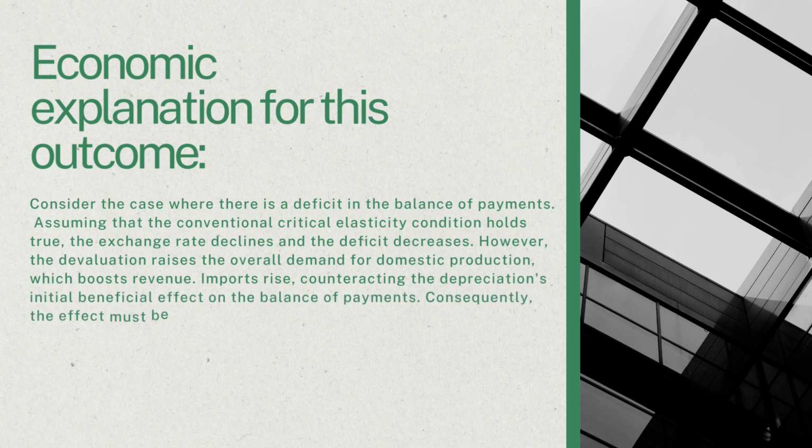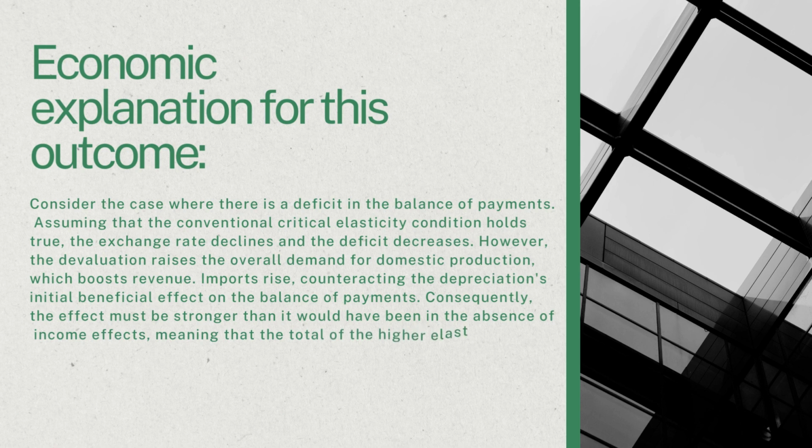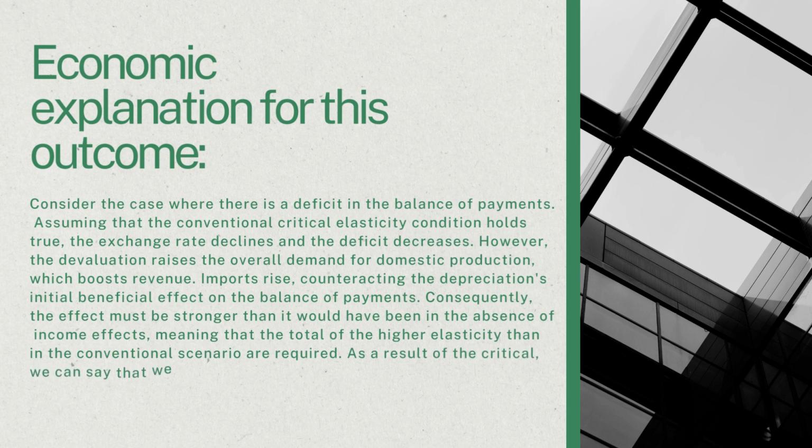Imports rise, counteracting the depreciation's initial beneficial effect on the balance of payments. Consequently, the effect must be stronger than it would have been in the absence of income effects, meaning that a higher total of elasticities than in the conventional scenario is required. As a result of the critical condition, we can say that we are obtaining stable equilibrium.